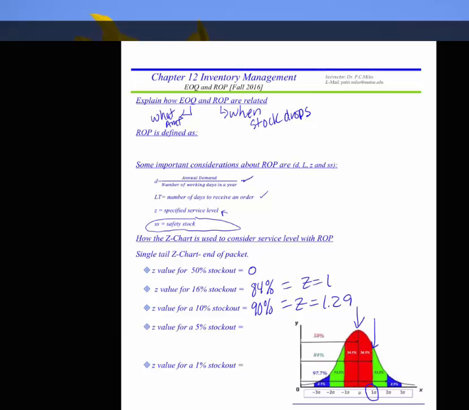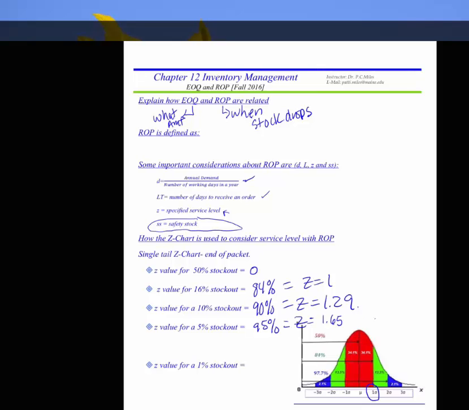If we turn away 5%, so we serve 95% of our customers, we have a Z value of 1.65. If we want to serve 99% of our customers, we're way out on the tail, at 2.3. We're going to need these as we calculate our reorder point problems.